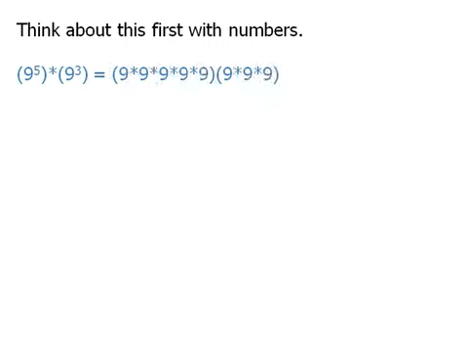So in other words, I'm multiplying something with 5 factors of 9 times something with 3 factors of 9. When I multiply, I can just put all those factors together. How many factors? Well, I have 5 plus 3. I have 8 factors of 9. So that equals 9 to the 8th. So clearly, 9 to the 5th times 9 cubed equals 9 to the 8th.